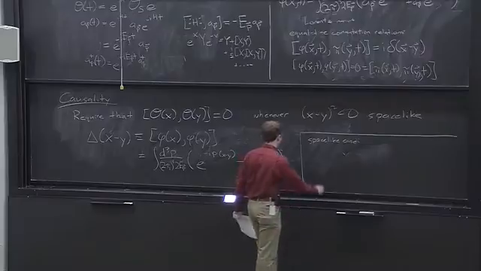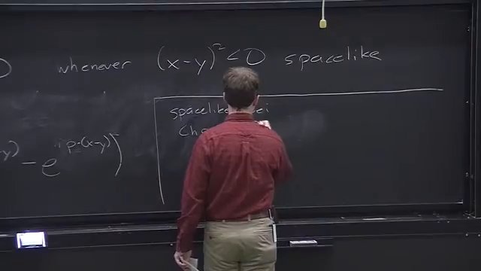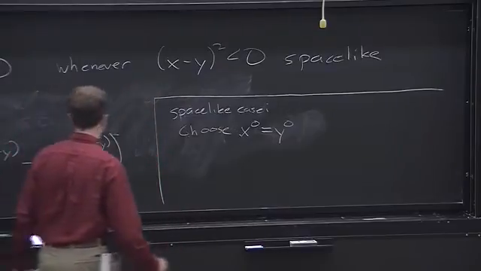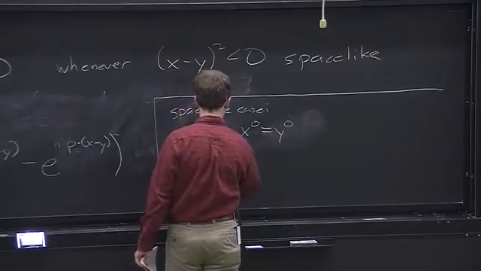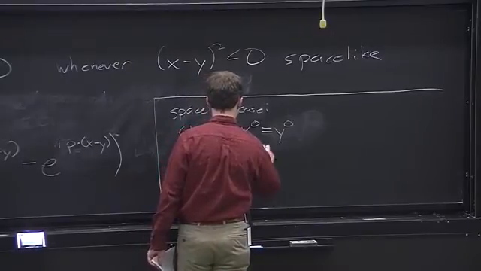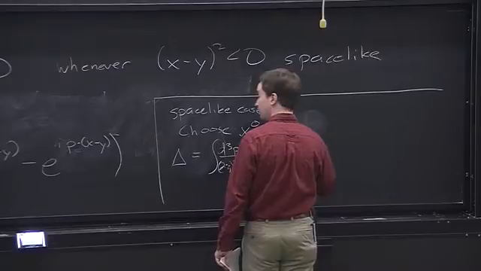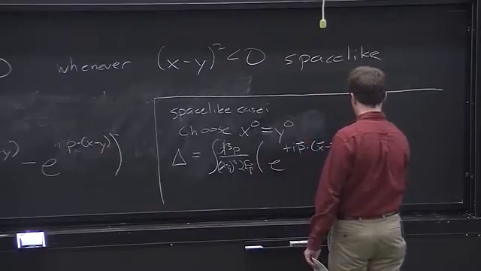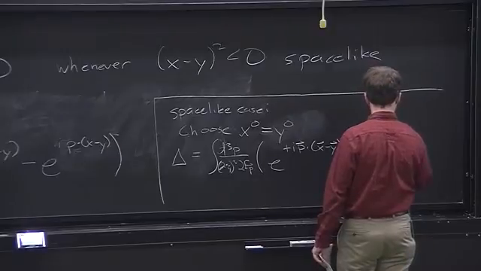If we choose a frame where x naught equals y naught, then what we're left with is that delta gives us this integral of e to the plus i p dot (x minus y) minus e to the minus i p dot (x minus y).